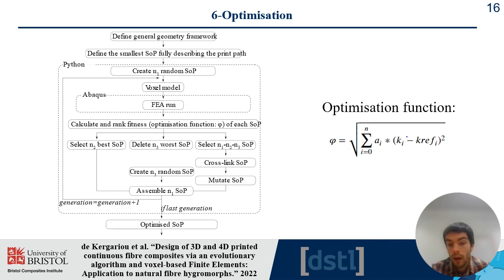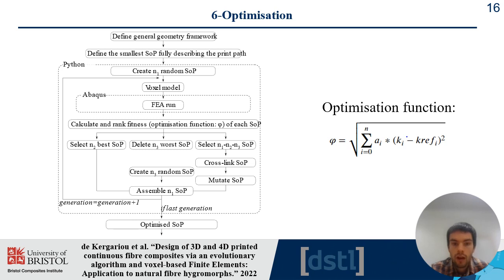Kappa ref 1 and ref 2 are the different curvatures that we have as objective for the leaf, the exact same curvatures that I've been describing in previous slides. By comparing these two, we are able to minimize this phi value. The SOPs with the minimum values obtained are selected to go to the next round.